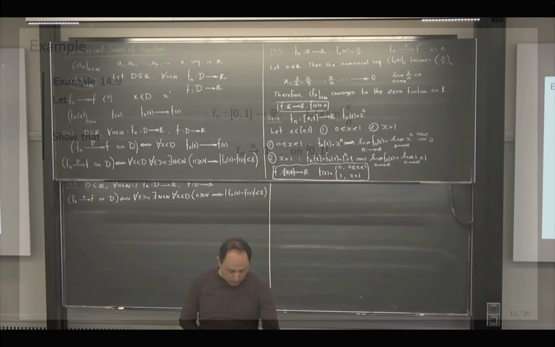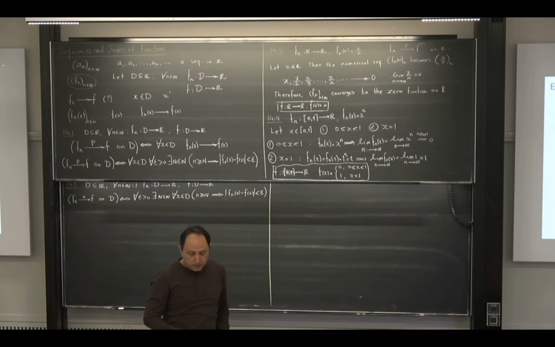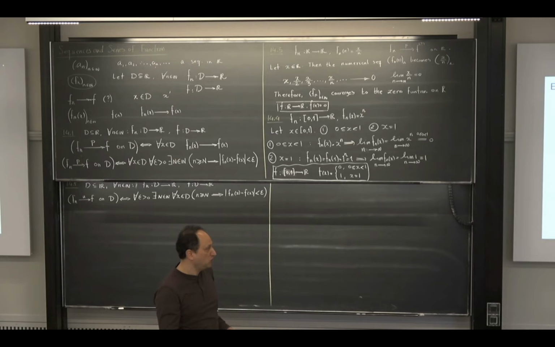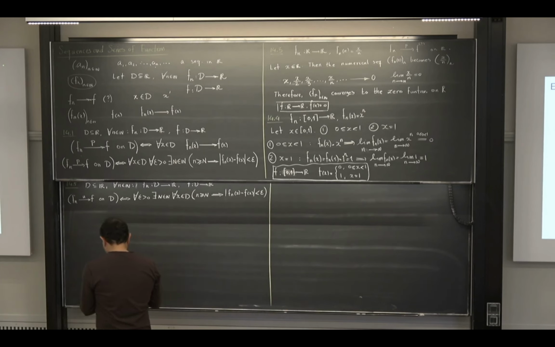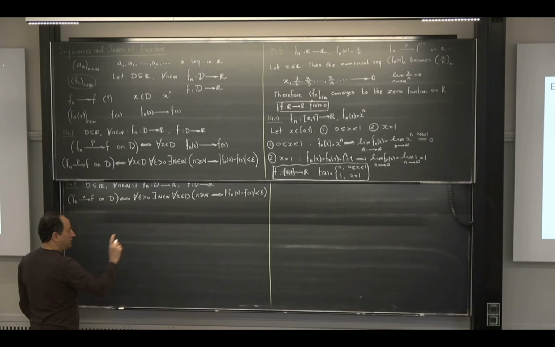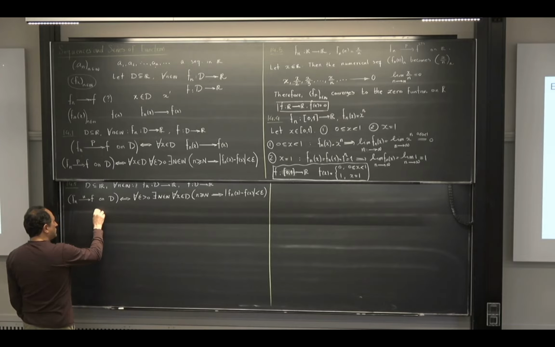So let us go back to this example. But before doing that, let me give you a geometrical picture, which is useful to know. If you want to understand whether a sequence of functions converges to a given function uniformly, it means like this.